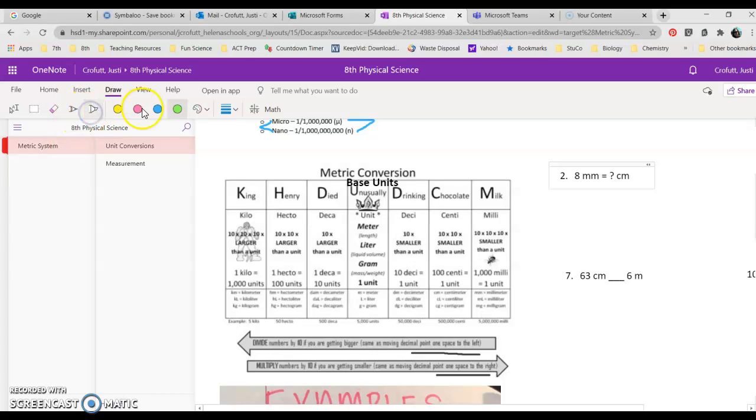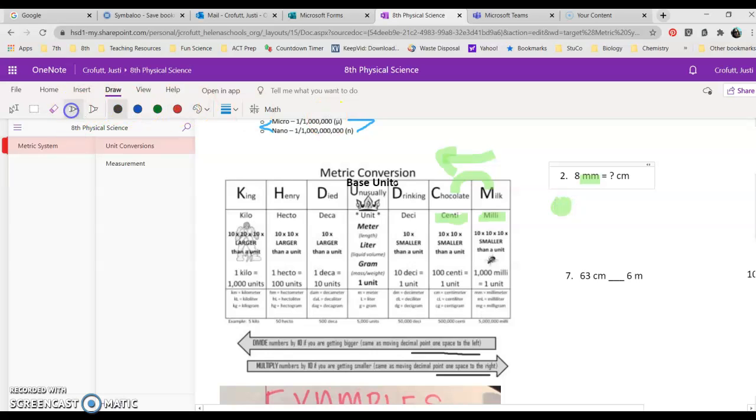I'm going to start with my given unit, which is millimeters, so I'll highlight millimeter. It's asking me to find how many centimeters, so my target unit is centimeters. Remember that I count to see how many it takes to get from millimeters to centimeters. We start here and go 1. We move to the left from our given to our target, so we move our decimal to the left.